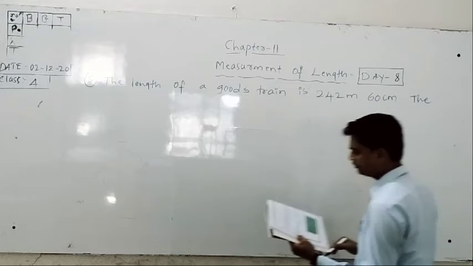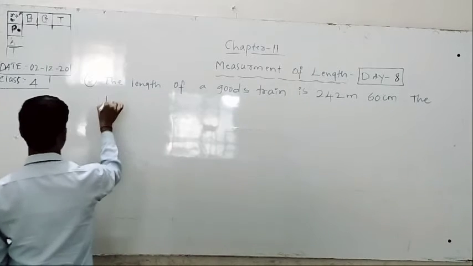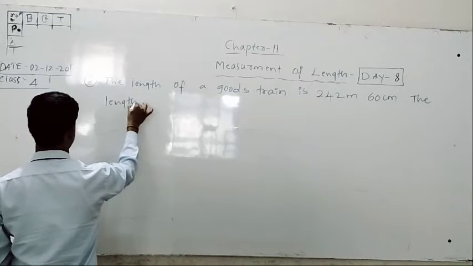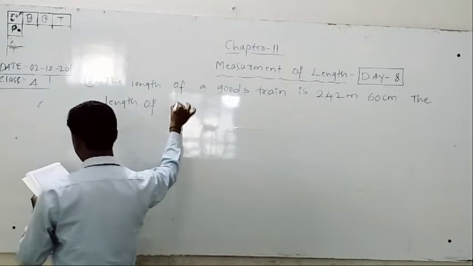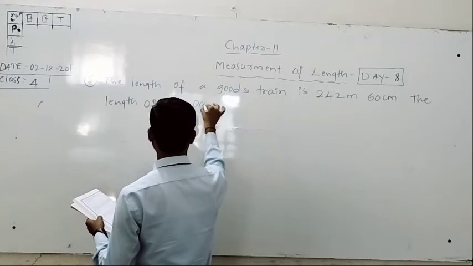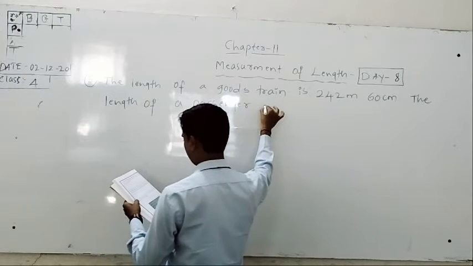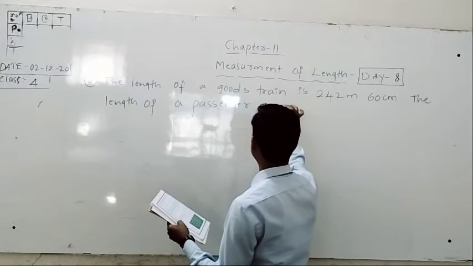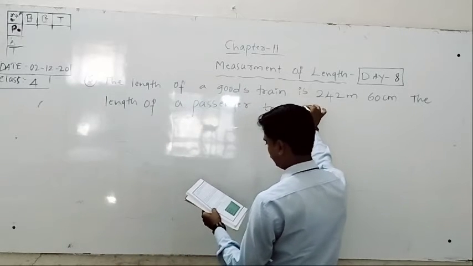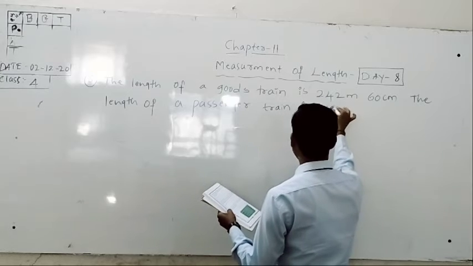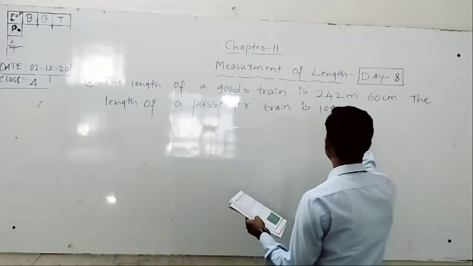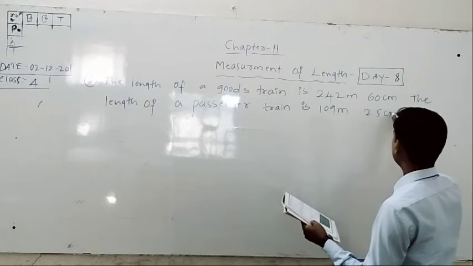The length of a passenger train is 109 meter 25 centimeter.